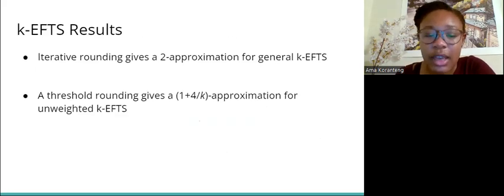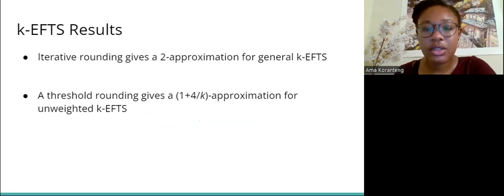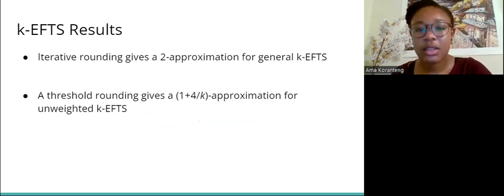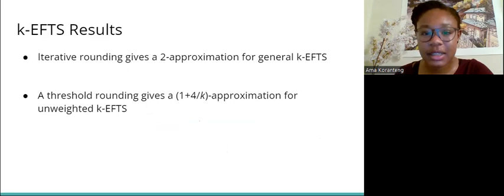So for general KEFTS, the cut function is locally weakly supermodular, and we proved that that is enough for us to use Jain's results to get a 2 approximation for general KEFTS.